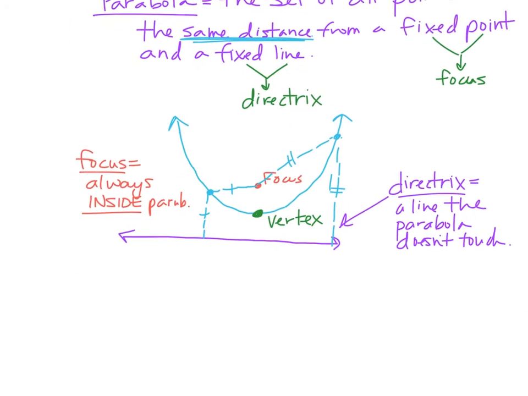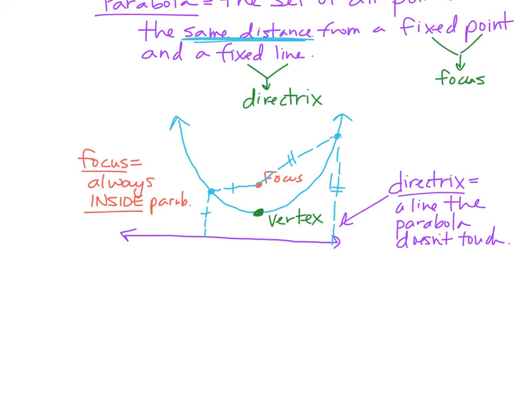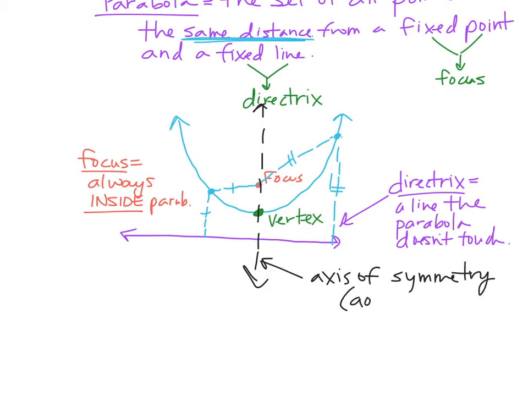There's one other line I want to talk about, and you guys have learned this one before. What is this line called? Do you remember? If we're looking at our parabola, we draw that line in. That is called your axis of symmetry. Remember we did axis of symmetry back in chapter 4. Often we just called it AOS, axis of symmetry.